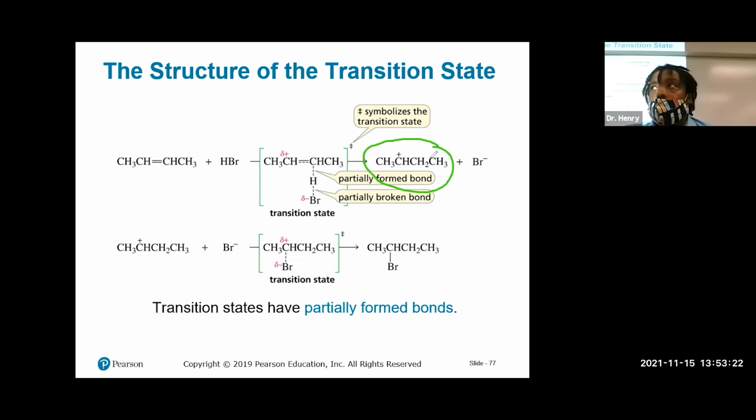It takes longer to do this part. Then this guy, the attraction of the bromine, is a very quick step compared to that. So because we had that transitional state and that formation, this part takes a while. That's going to be our rate limiting step. This is going to be the part that takes a while for us to sit there and form.